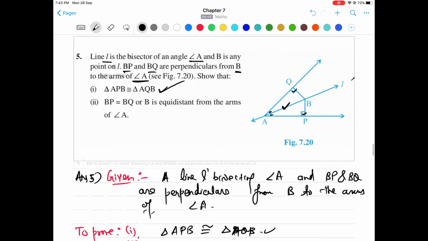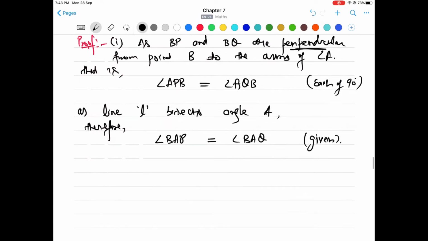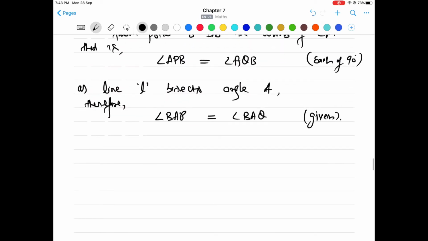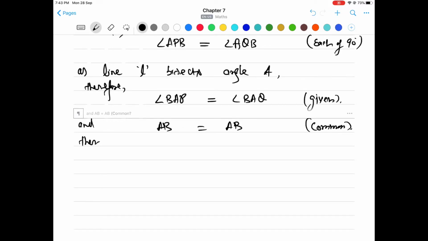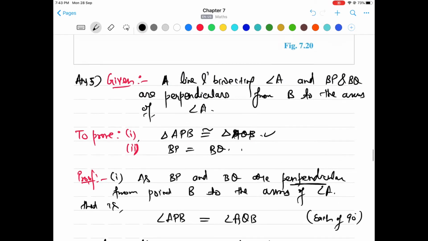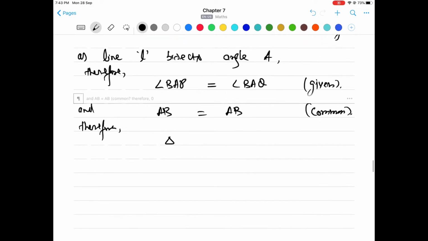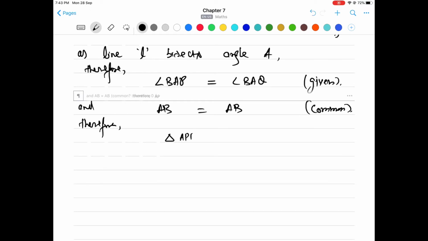Then we take this side AB, which is common for both the triangles. So we'll write AB is equal to AB, which is common for both the triangles. Therefore, triangle APB, which we have to prove, will be congruent to triangle AQB.